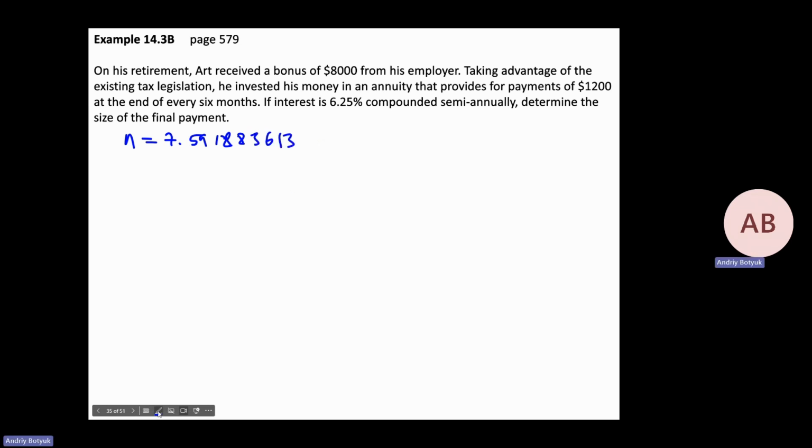Okay, and now what I remember here, I play smart and I do -7 equals, and then let's say 1.